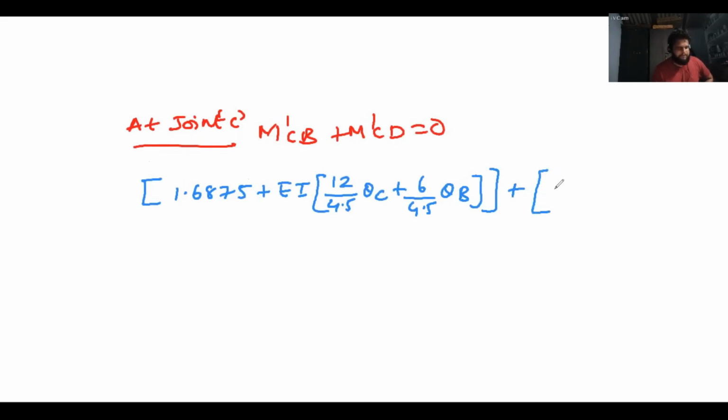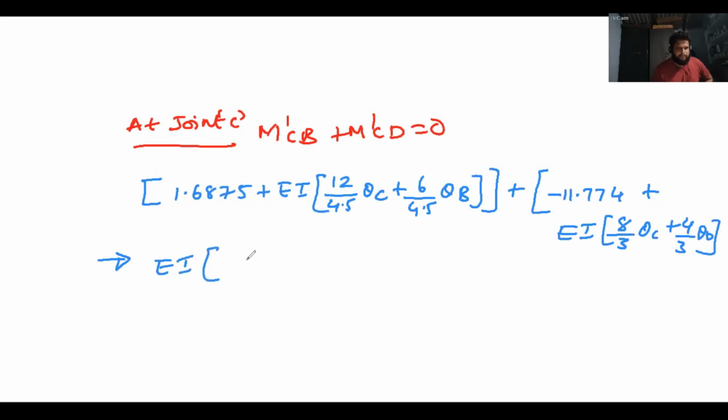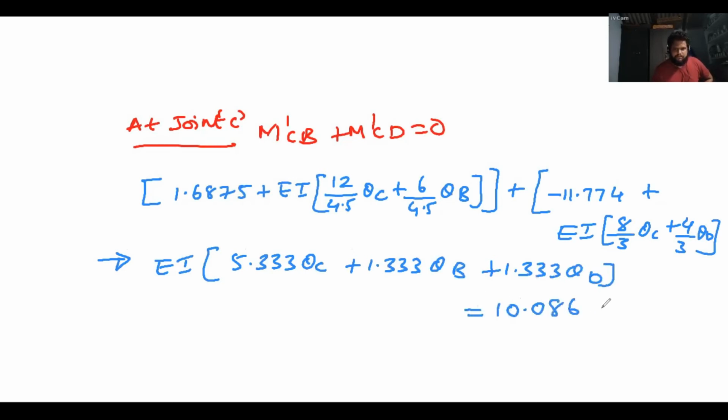Now M dash CD equals minus 11.774 plus EI times 8 by 3 theta C plus 4 by 3 theta D. So if you rewrite this equation, you will get EI times 5.33 theta C plus 1.333 theta B plus 1.333 theta D equals 10.086. So this is your equation number 2.